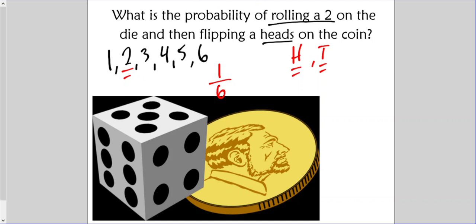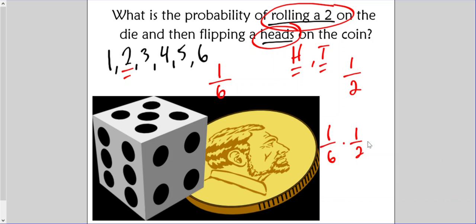That has a 1 out of 6 chance. Getting a heads is a 1 out of 2 chance. To find the chance that I roll a 2 and then get a heads, it's 1/6 times 1/2, which is 1 times 1 on top, which is 1, and 6 times 2, which is 12 on the bottom. I have a 1 out of 12 chance of getting a 2 and then a heads.